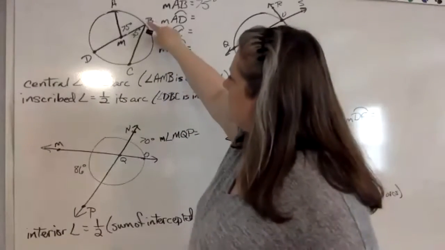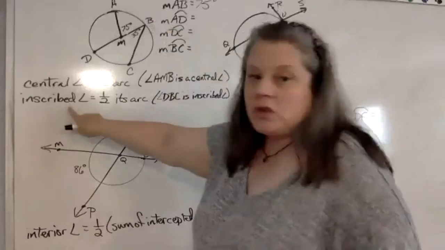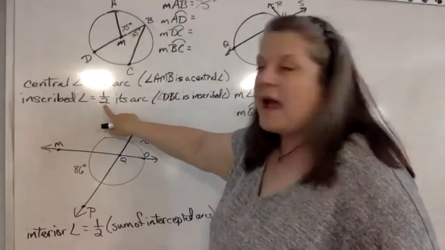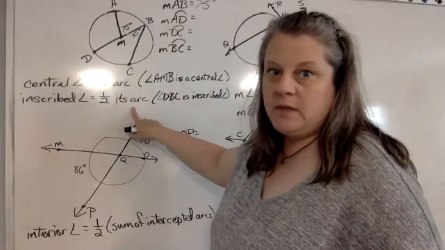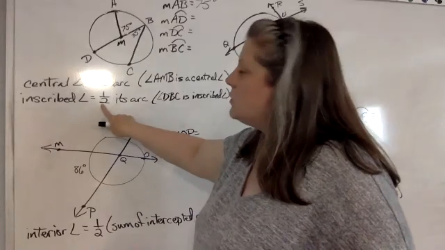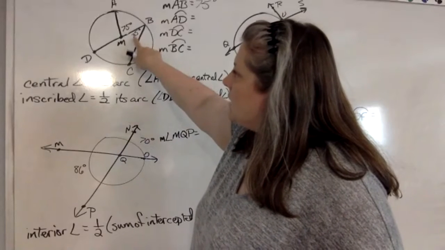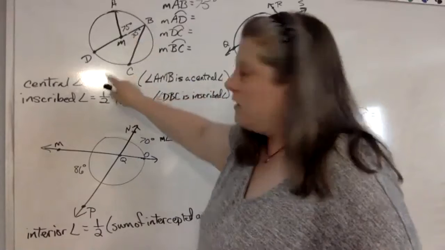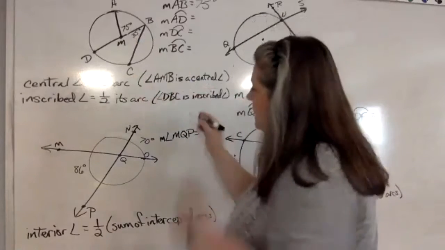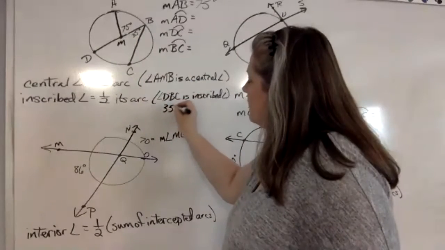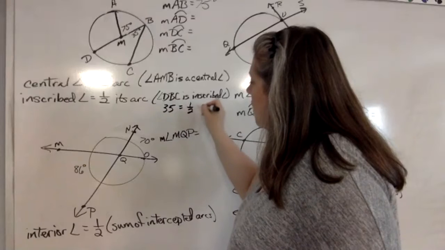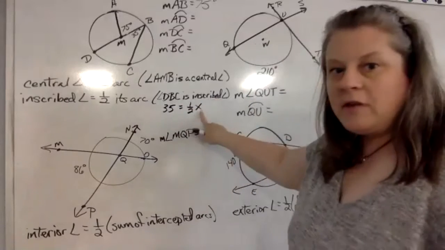See, its vertex is on the circle. An inscribed angle is equal to half of its arc. Okay, the inscribed angle is equal to half of its arc. So the angle is 35, so that's equal to half of the arc. So if I have 35 equals half of the arc, how do I find out what the arc is?